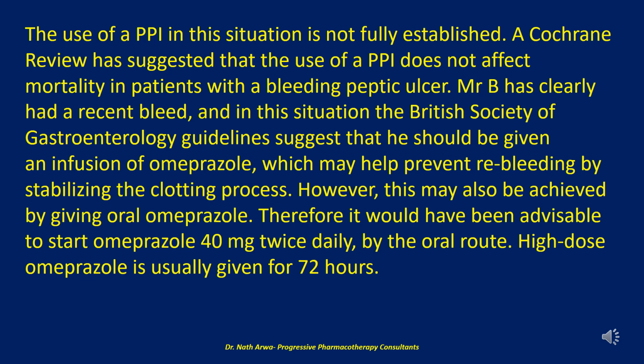However, this may also be achieved by giving oral omeprazole. Therefore, it would have been advisable to start omeprazole 40 mg twice daily, by the oral route. High-dose omeprazole is usually given for 72 hours.